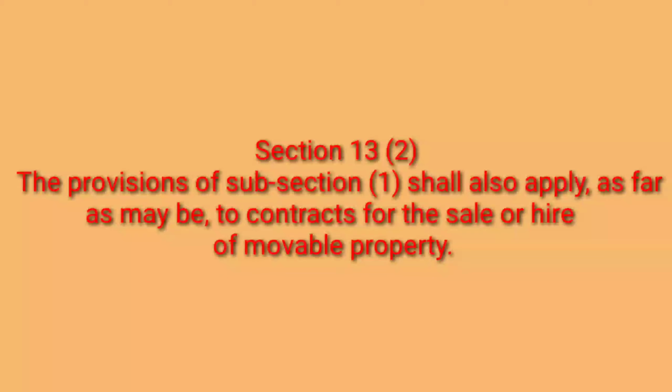Section 13 subsection 1 deals with immovable property, and section 13 subsection 2 is extending the application of section 13 subsection 1 to movable properties also, and to the contract of sale or hire of movable property. So this is all about section 13.